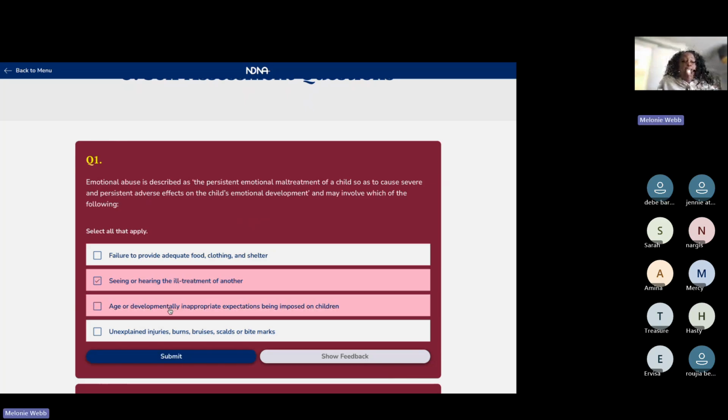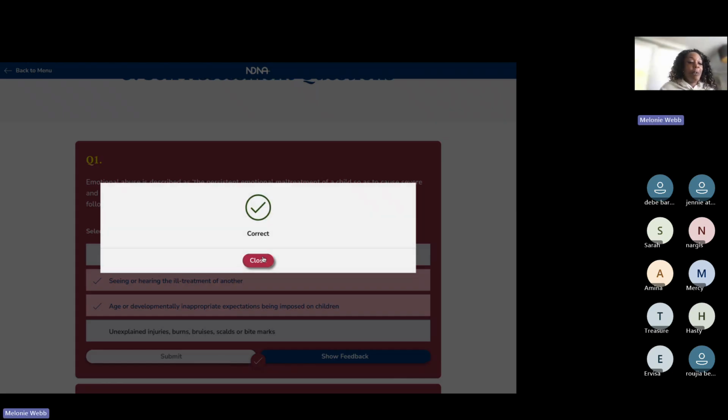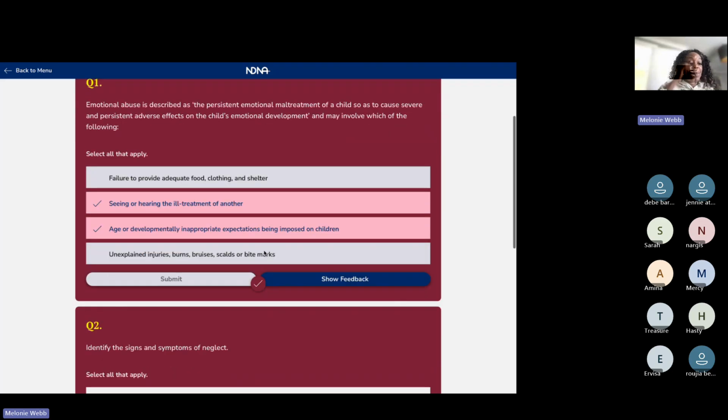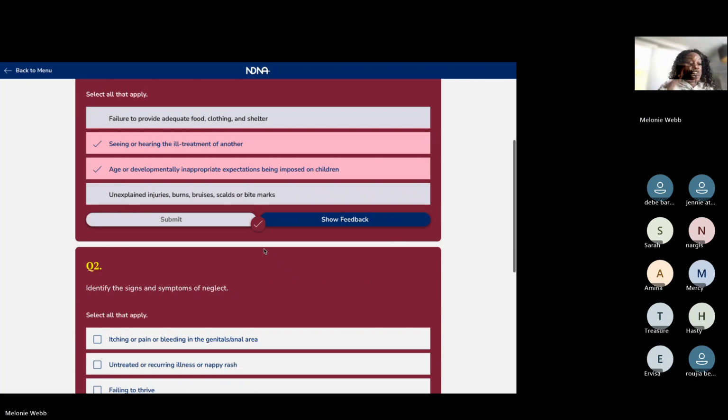Age or developmentally inappropriate expectations being imposed on children. Unexplained injuries, burns or bruises. Correct. Seeing and hearing ill treatment of another and developmentally inappropriate expectations are signs of persistent emotional maltreatment.